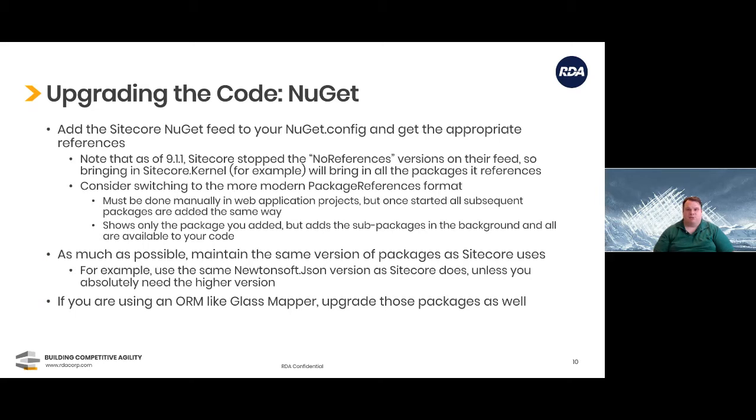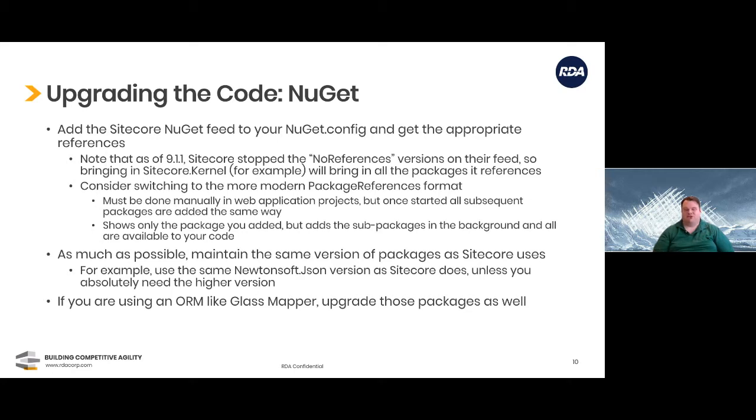You also, of course, want to upgrade the other packages like GlassMapper. If you're using that for an ORM, you want to upgrade those as well. One note: GlassMapper switched from version 4 to version 5 to a by-version-Sitecore scheme. So there's a GlassMapper 5, 9.1, 9.2, 9.3. So you can't just upgrade it.